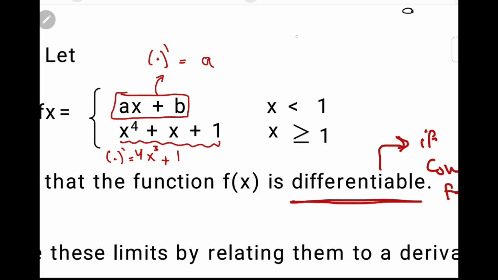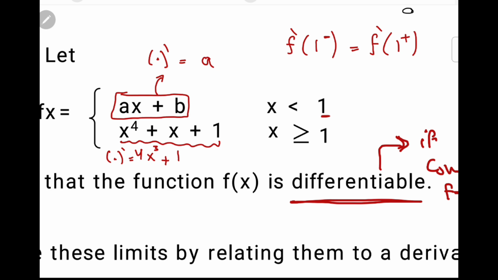So the derivative of this function f at 1 from the left must equal the derivative of the same function f at 1 from the right.